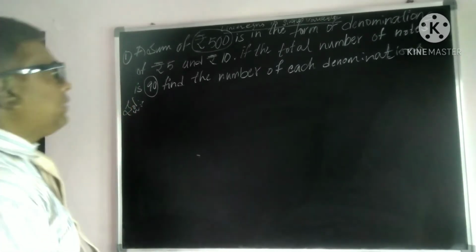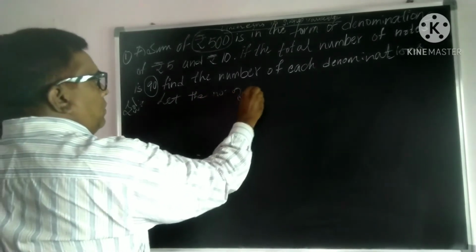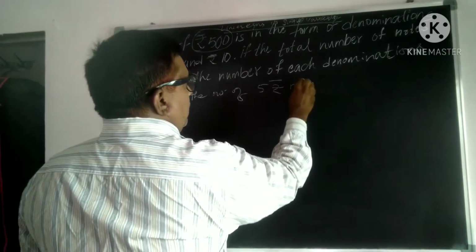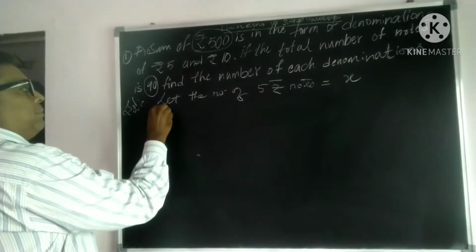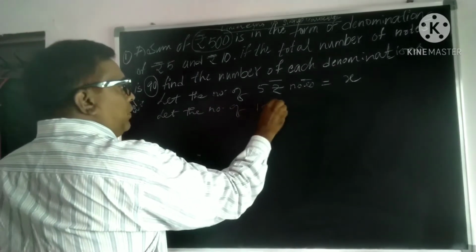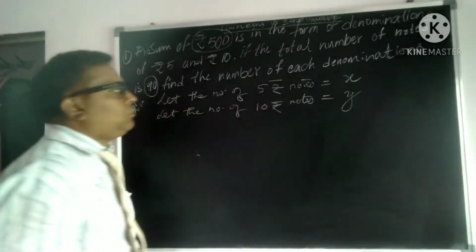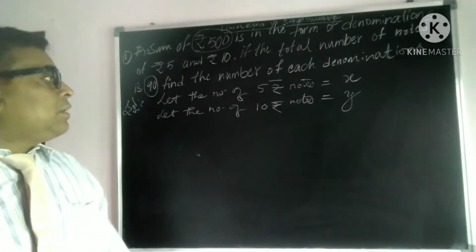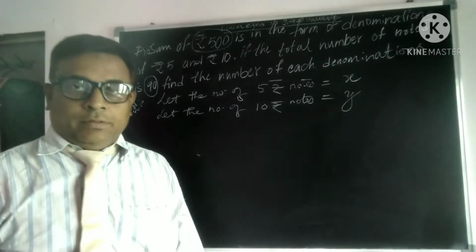For that, let the number of 5 rupees notes be x, and similarly let the number of 10 rupees notes be y. We don't actually know how many there are, but we take those values as x and y.